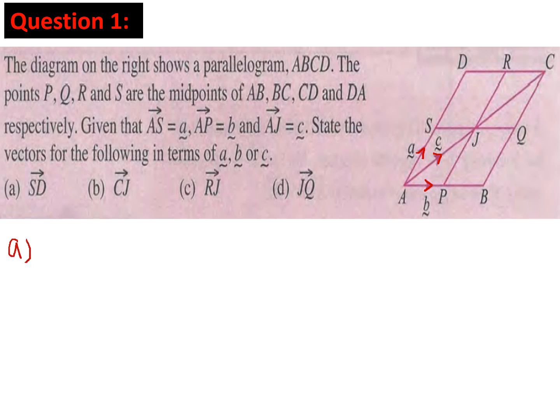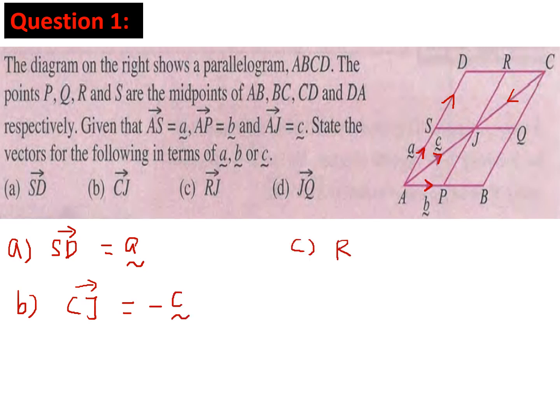A. Vector SD, direction from S to D, which is the same direction as vector AS. Then vector SD is vector a. B. Vector CJ, direction from C to J, which is opposite direction to vector AJ. Then vector CJ equals negative vector c.